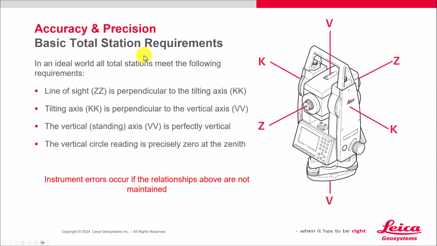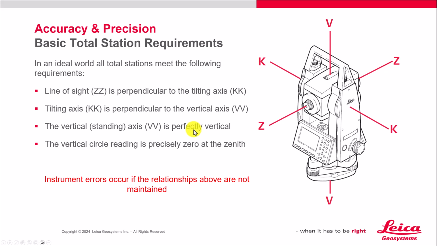Basic total station requirements. In an ideal world, all total stations would meet the following requirements. We're going to refer to this figure over here: the line of sight, or Z to Z, is perpendicular to the tilting axis, which is K to K. The tilting axis is perpendicular to the vertical axis, VV, and the vertical standing axis, VV, is perfectly vertical.